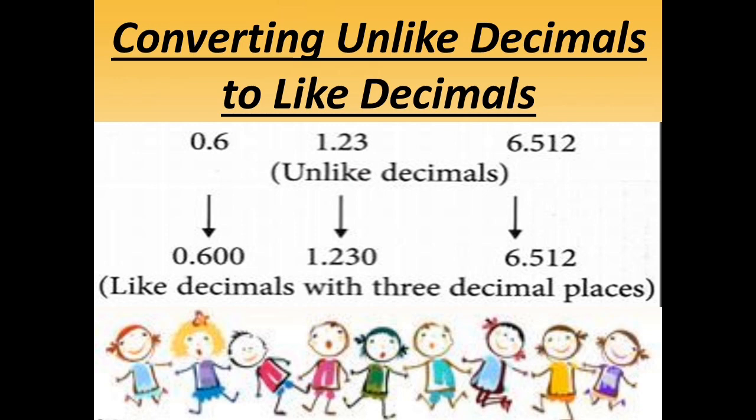So students, we will add 2 zeros to the extreme right of 0.6 to make it 0.600, and we will add 1 zero to the extreme right of 1.23 to make it as 1.230, and we will write 6.512 as it is. And students, on doing so we will get like decimals with 3 decimal places. Hopefully it is clear to you.